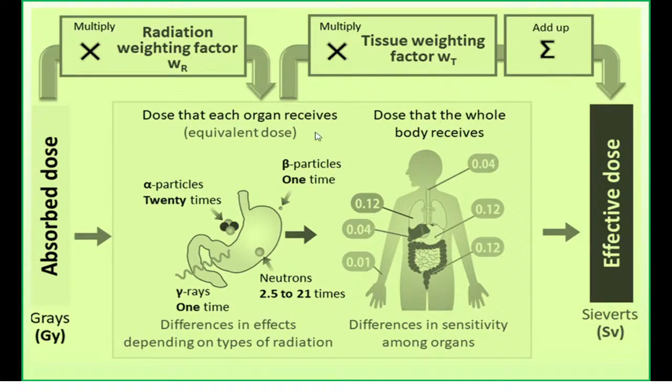It gives the equivalent dose, and shows the differences in effect dependent on types of radiation. Then the tissue weighting factor should be involved. And what is it?